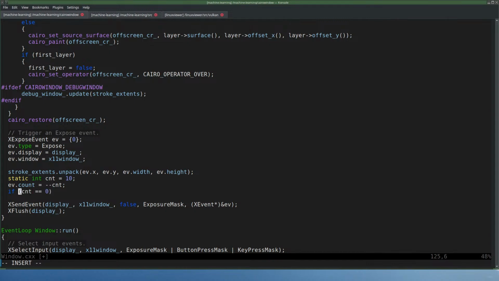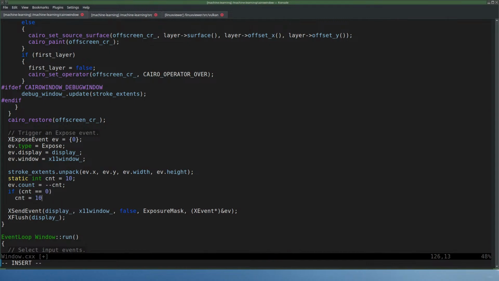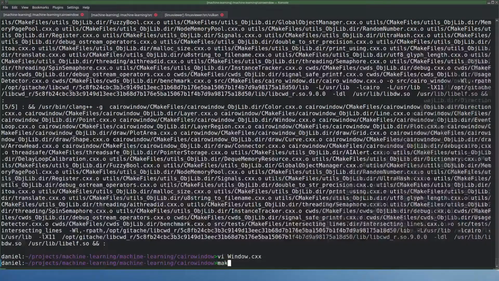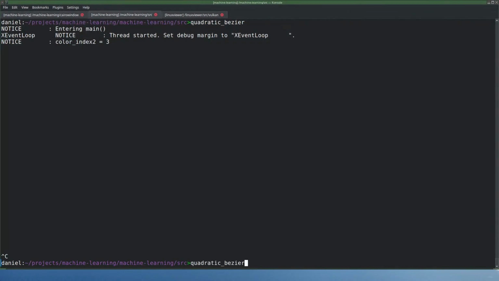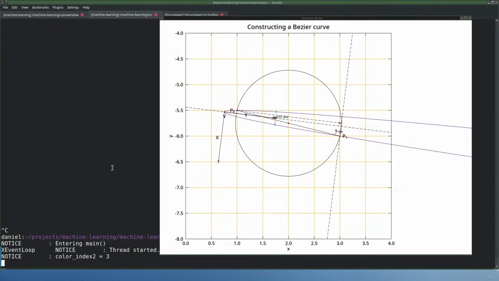So if count equals 0, set it to 10 again. That basically does not do an exposure, except every 10 updates. So that should reduce the flickering, hopefully. But leave us in limbo if I stop updating stuff.